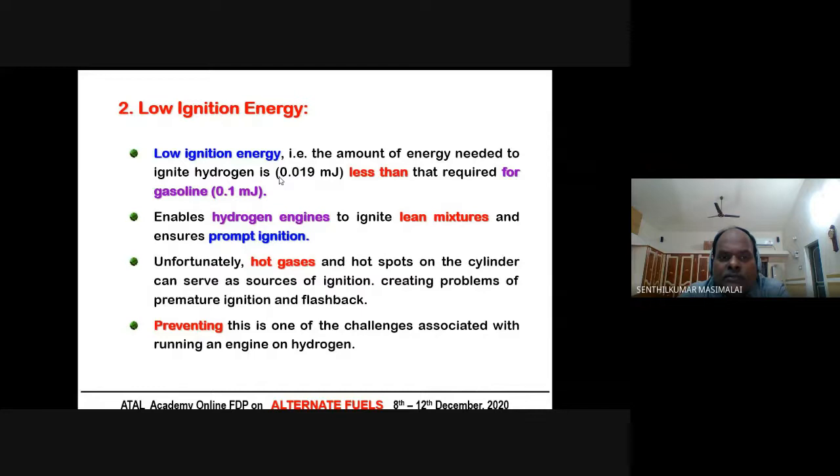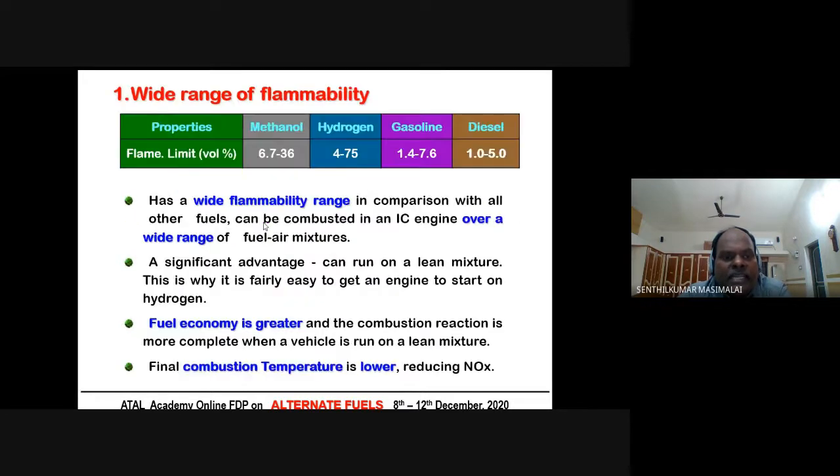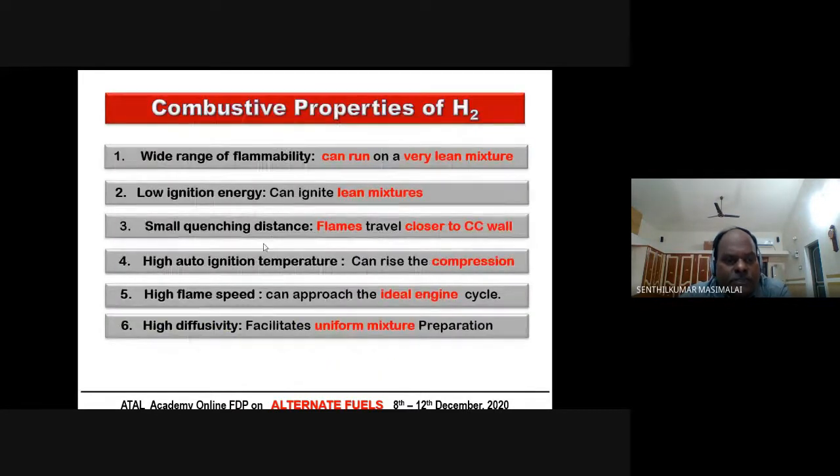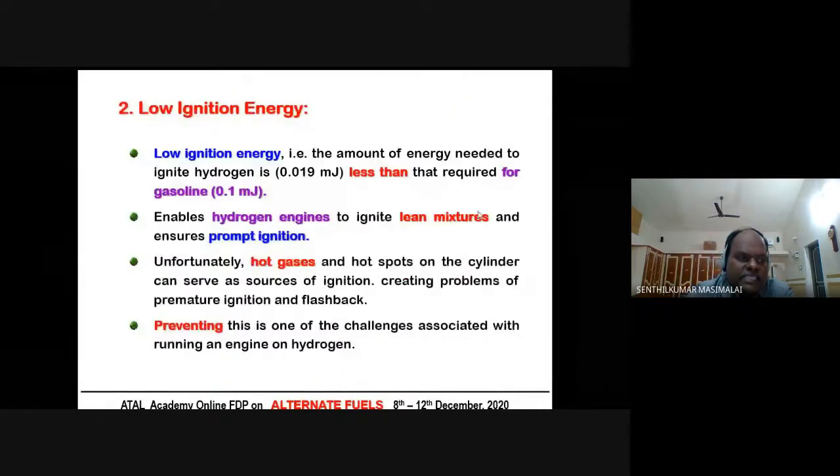You will have confusion between low ignition energy and high auto ignition temperature. These two things are confusing. I will tell you clearly the difference. So for igniting the gasoline air mixture in our spark ignition engine, we need 20,000 volts, 15,000 volts, very high intensity.